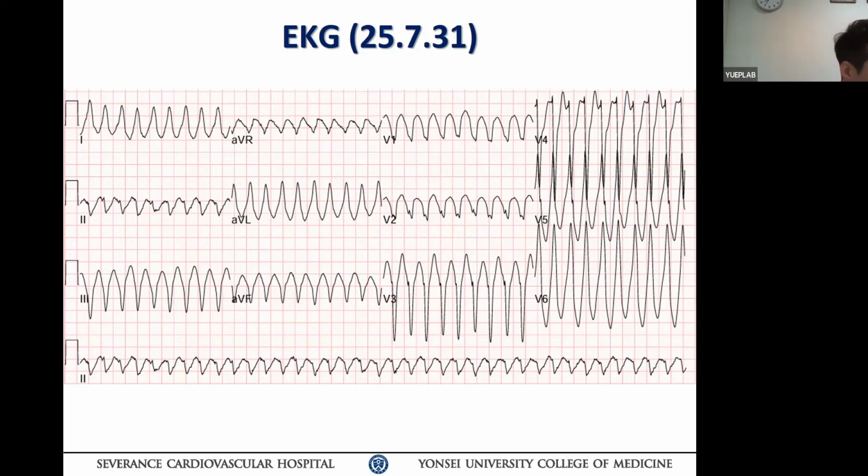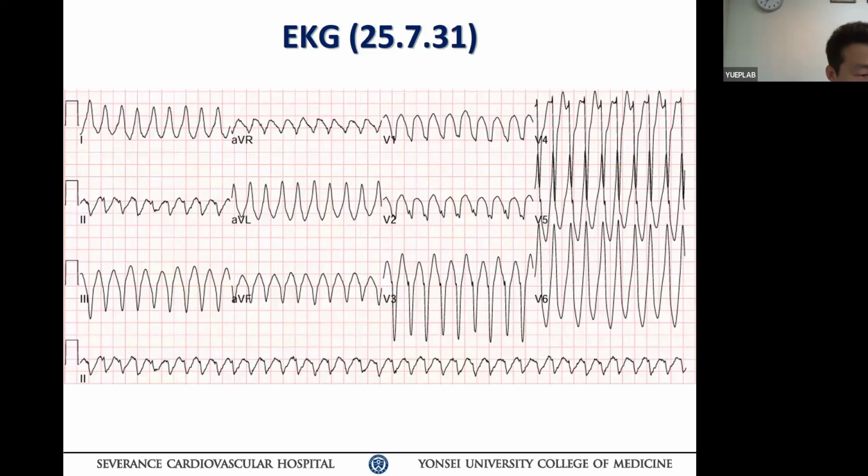So I agree with submissions so far about being broad complex, very fast, with what could be a fusion beat as the fifth one in the rhythm strip. And then there's also some notching of the QRS in V1 and V2. And there's a QRS transition between V4 and V5. So I agree that this is likely to be a monomorphic ventricular tachycardia.